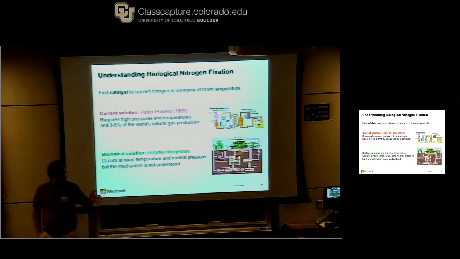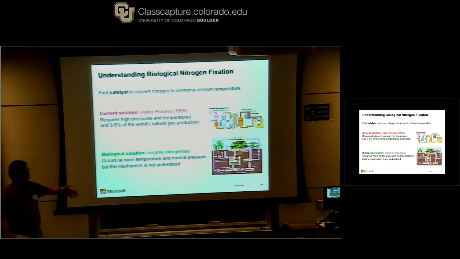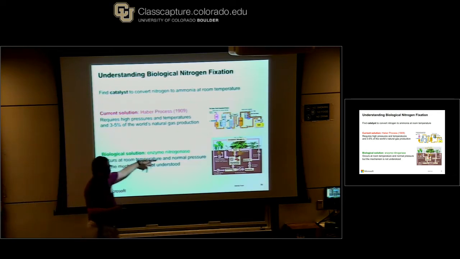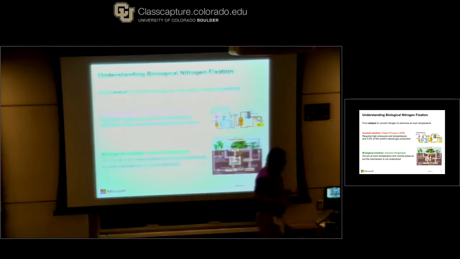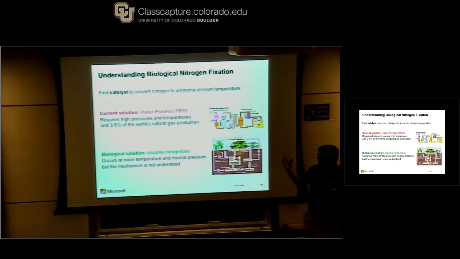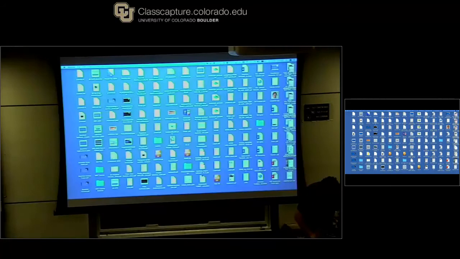Every third year you planted beans, and the fourth year nothing, and the beans had in the roots the microbes that made fertilizer. So we know there is this molecule that can do it, but nobody understands how it can do it.